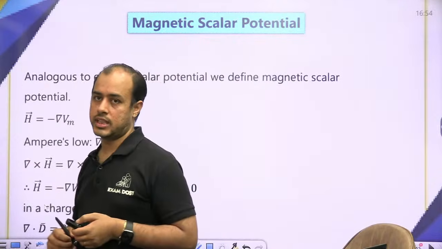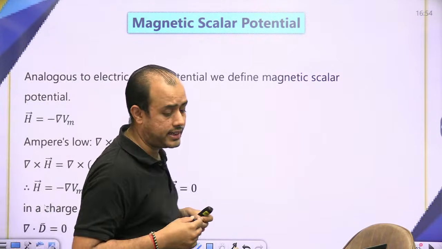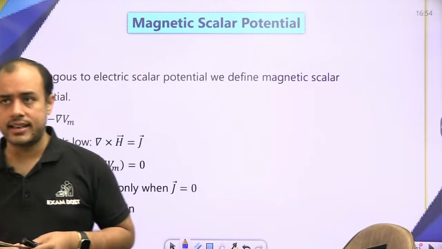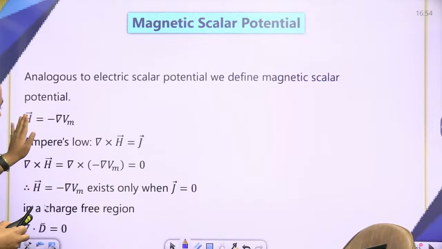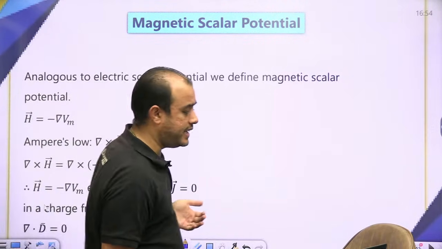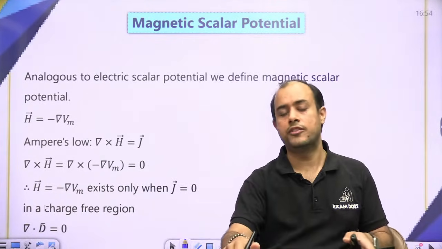Path independent hota hai. Similarly, the magnetic scalar potential is analogous to the electric scalar potential. You write H as minus gradient of Vm. Just like E was written as minus gradient of V, H is minus gradient of Vm.